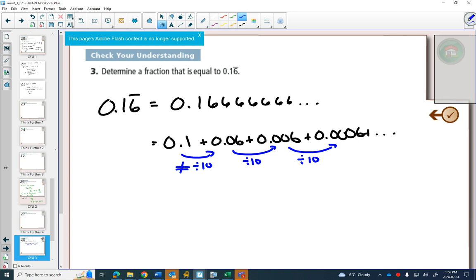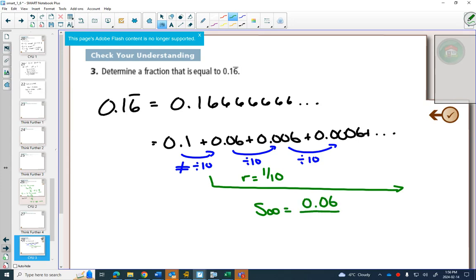The only part that's geometric is this part here. And in this part, if I'm dividing by 10, r would be 1/10. So I could figure out a sum to infinity of this part alone.